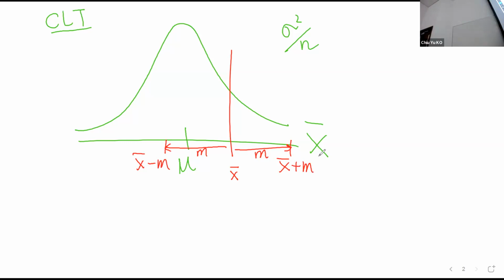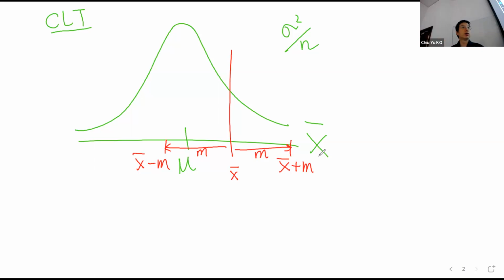We want a high probability that we include mu. Of course, we can never be certain to include mu because the bell goes to infinity, right? So we want a high probability. Usually we want, say, 90%, 95%, or 99% that include mu. And if you recall the rule of thumb, you just add 2 SD and minus 2 SD.